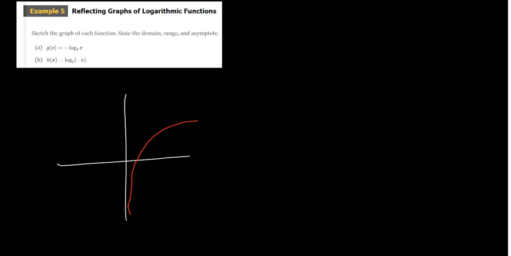Well, we're going to follow the same rules of transformations with logs that we do with literally everything else. This is the negative of the function. Well, if you have the negative of the parent function, then if you recall, what you do is reflect about the x-axis.